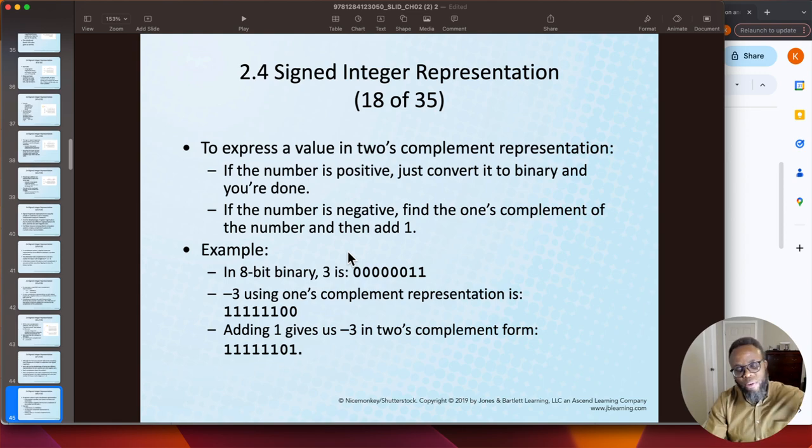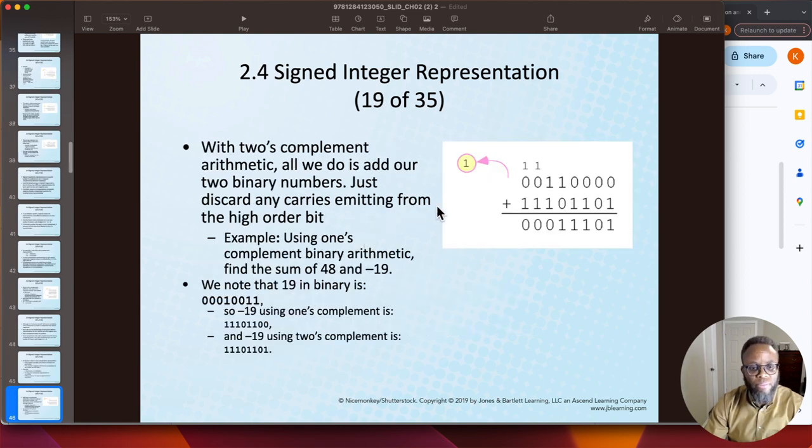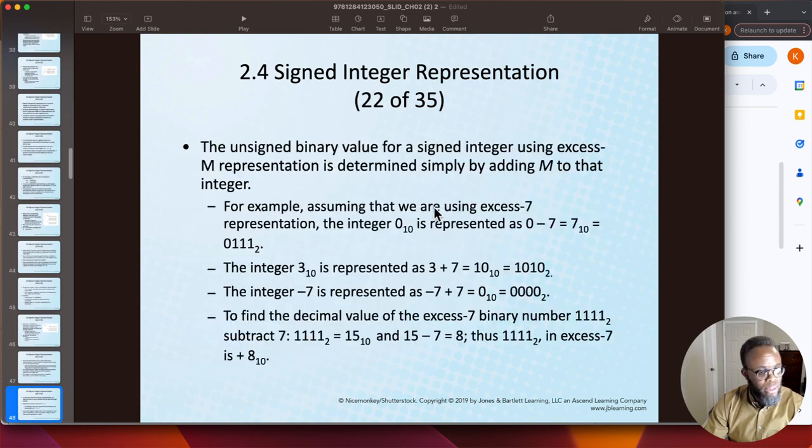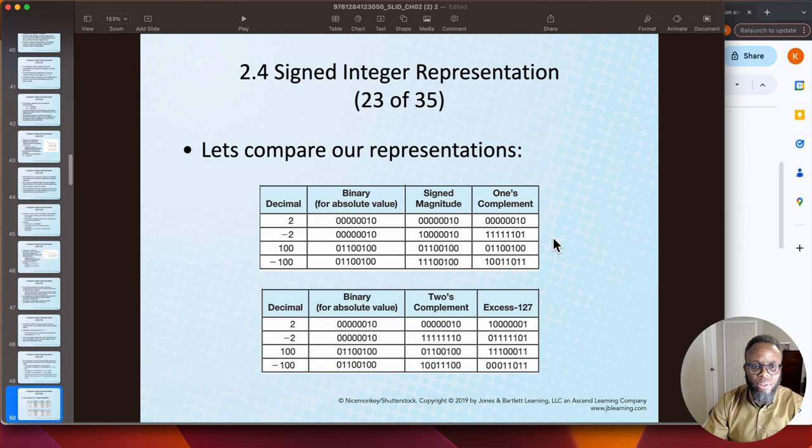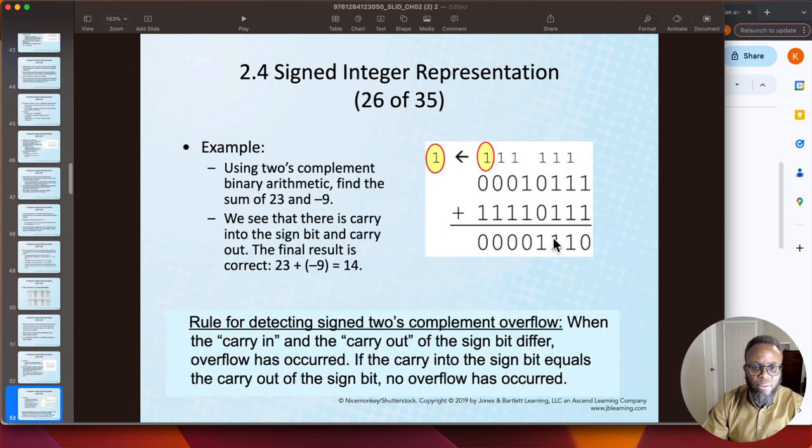You have an overflow, and that overflow typically results in an error in your computer program. Okay, so I'll let you go through the slides, and this is all straightforward stuff. If you have any questions, please let me know.